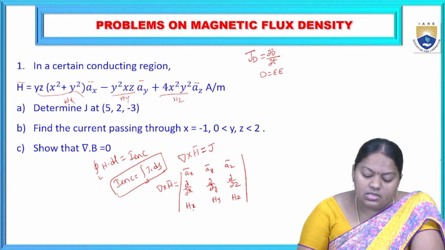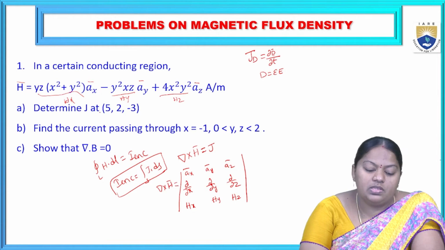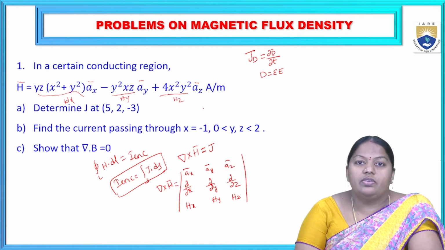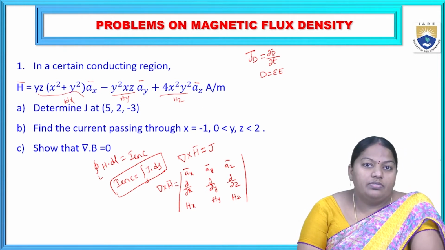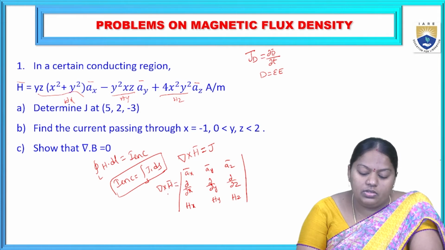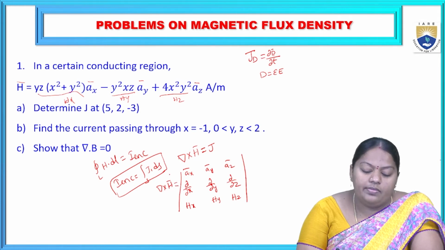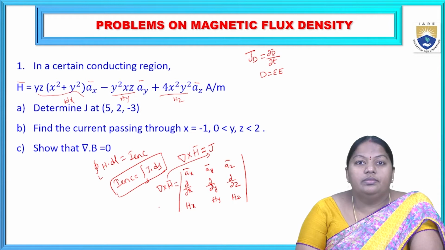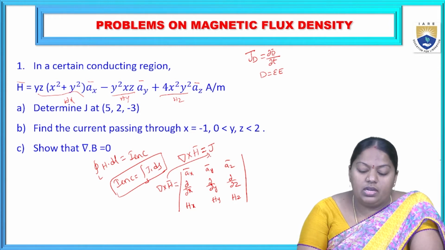Substituting all the magnitudes given in the magnetic field intensity vector H, we get del cross H, which is equal to the current density J.